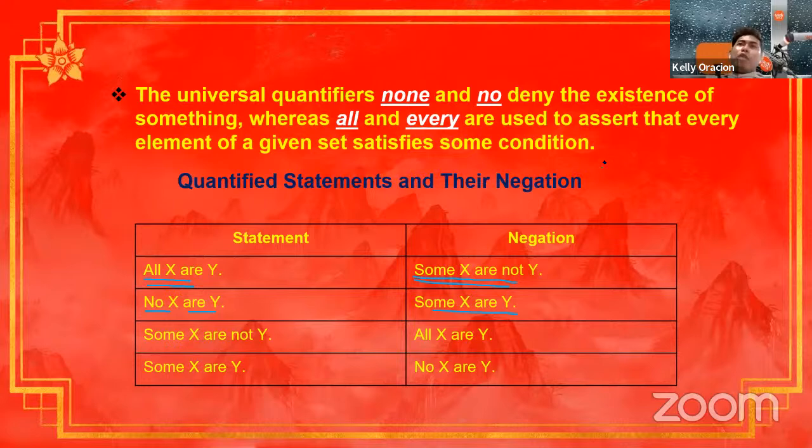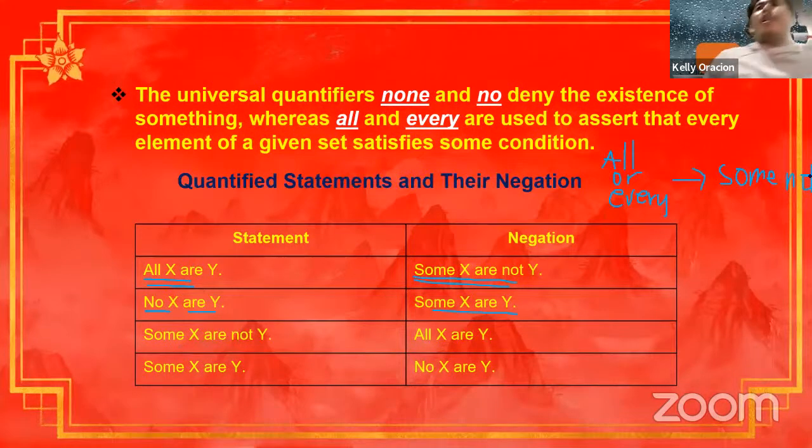When your statement is all or every, the equivalent negation is some not. Again, some not is its equivalent negation.